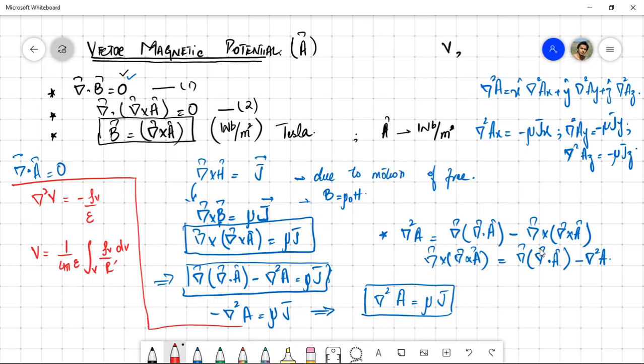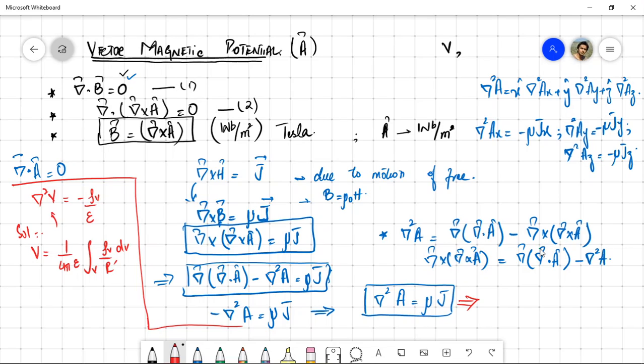So this was the solution, or we can say that this equation led to the solution of Poisson's equation. We calculated this while we were studying the electric scalar potential. So he's saying, what if we compare these two things and try to get to the solution of this thing just like we did back here.